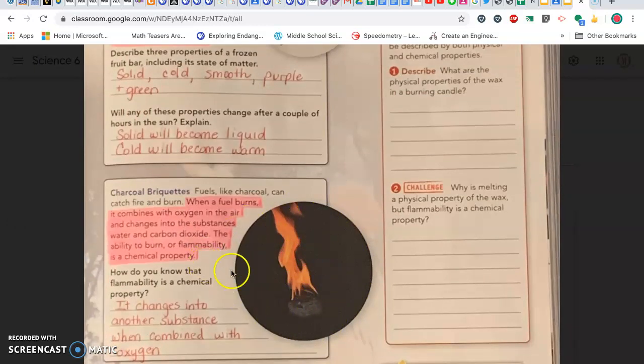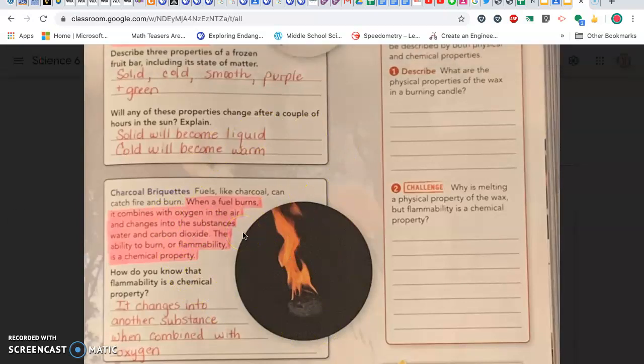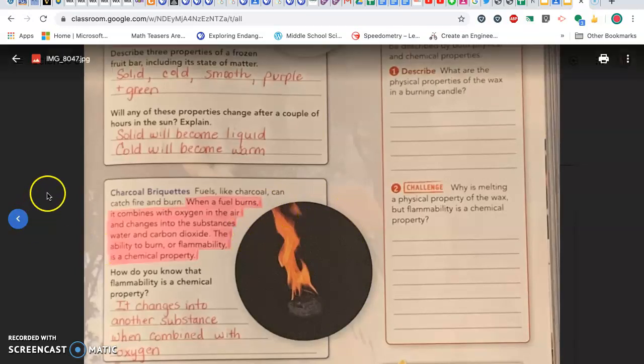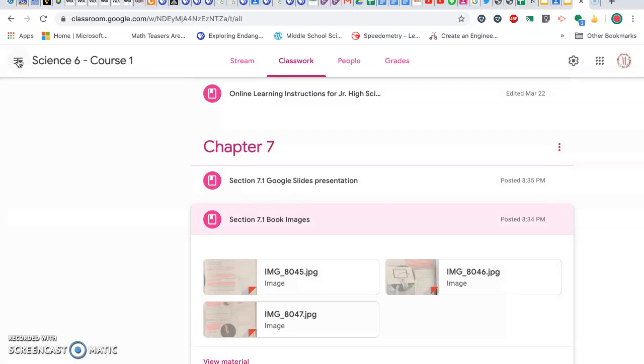So when I have charcoal burning, this is a chemical property. This is combustible. In fact, I would classify charcoal as flammable. It's pretty easy to light. And again, it's a chemical property of the briquette that it's flammable. But then what we're seeing here is a chemical change happening, and that's what we're going to get into, chemical changes.